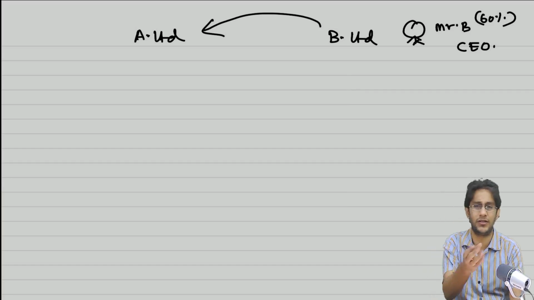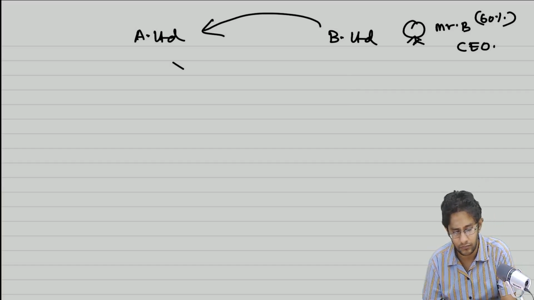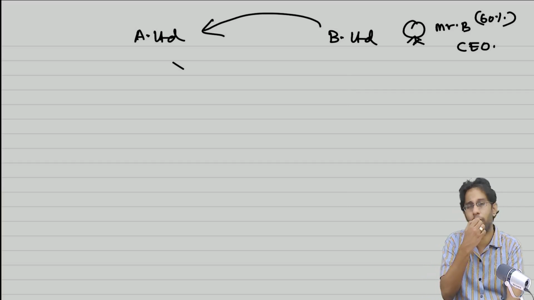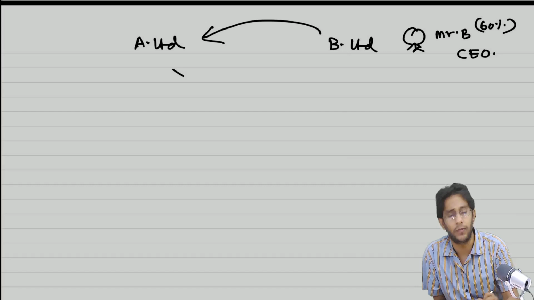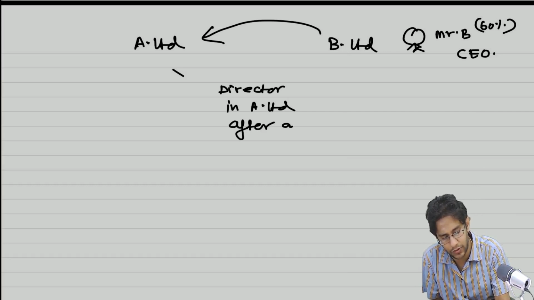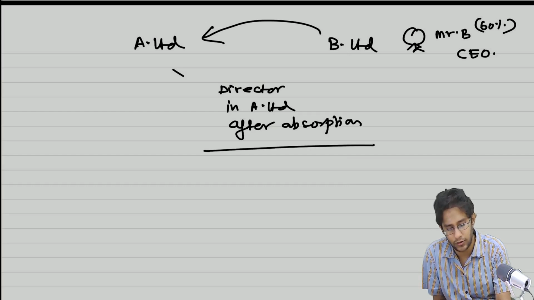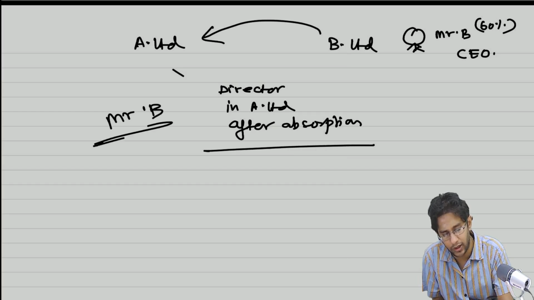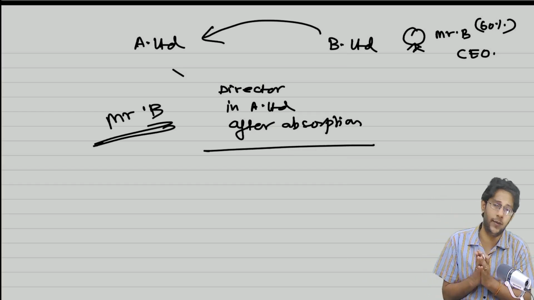So we paid some consideration to this person because he is a shareholder. But what we asked is, Mr. B, you continue as a director in A Limited after the absorption.